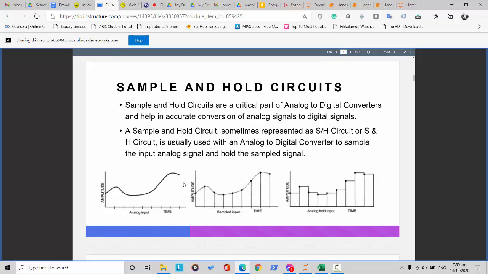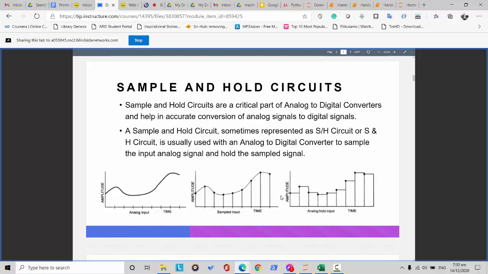To eliminate this, we use sample and hold circuits so that we can eliminate variations in the input signal that can corrupt the conversion process.